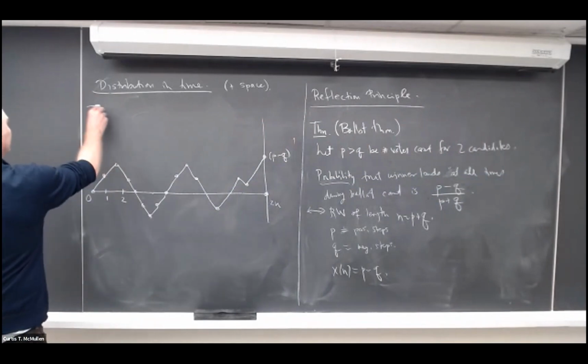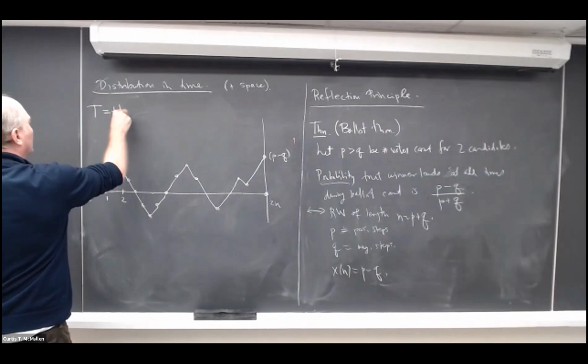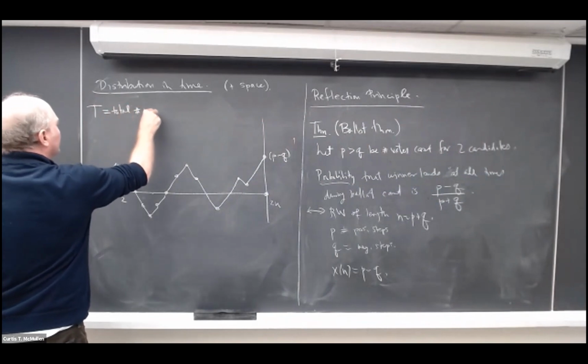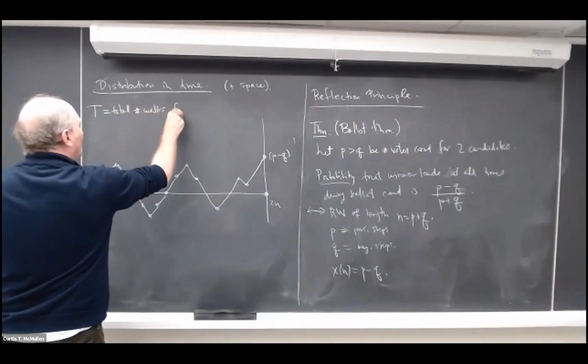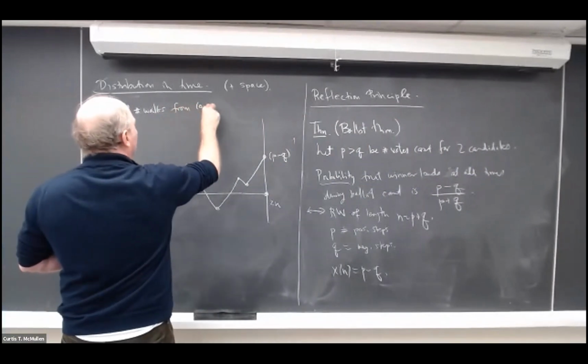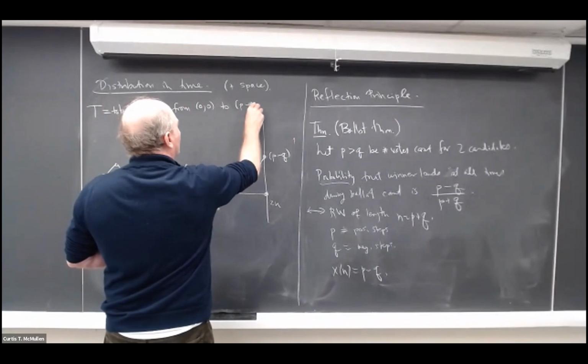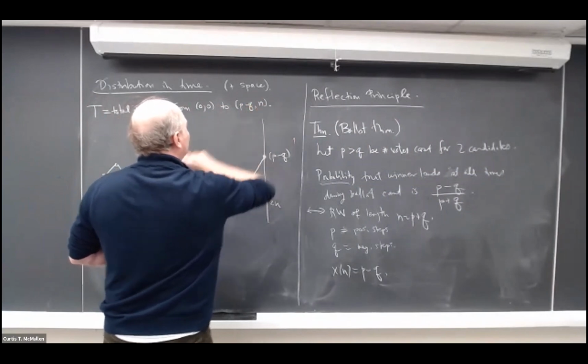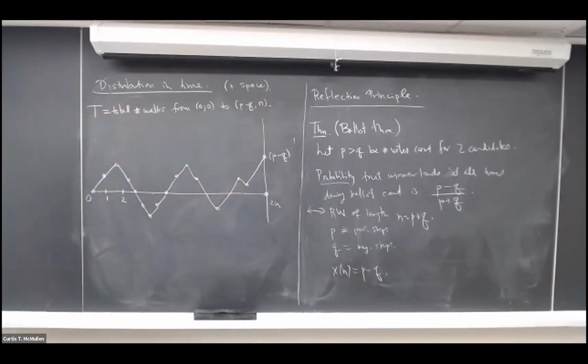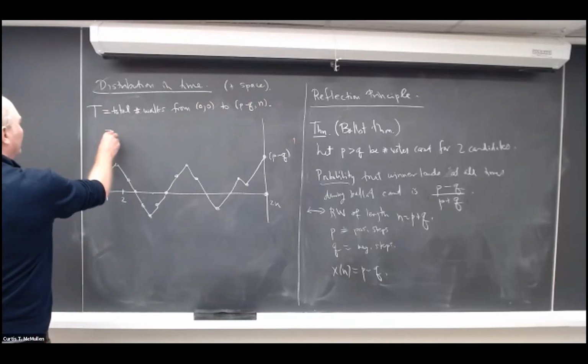So first, let T be the total number of walks from 0 at time 0 to P minus Q at time n. So we know exactly what that's given by.